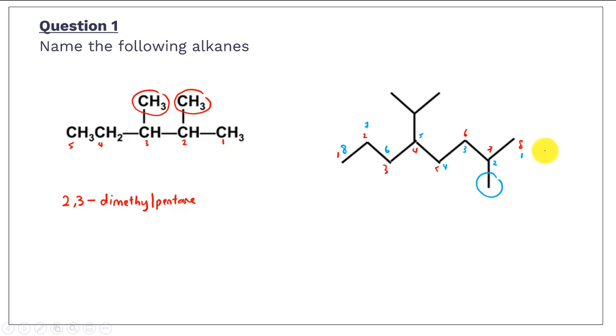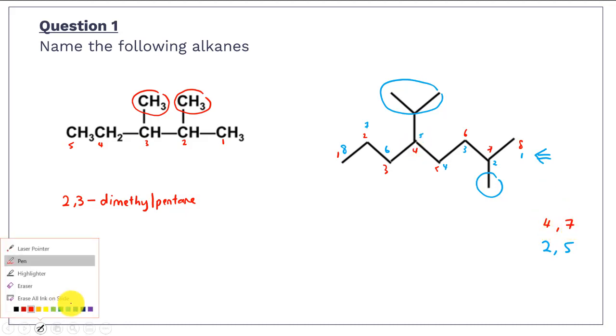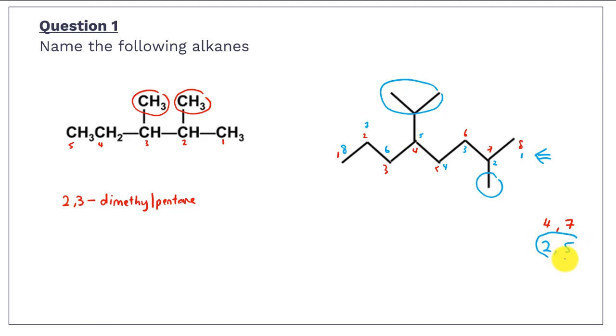So it is preferable to number from the right-hand side, the blue one, instead of the red one. The positions are 2 and 5. The one using red color has positions 4 and 7. That's why we are choosing the lowest set possible, starting from the one with blue color.